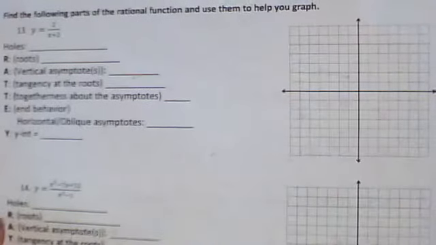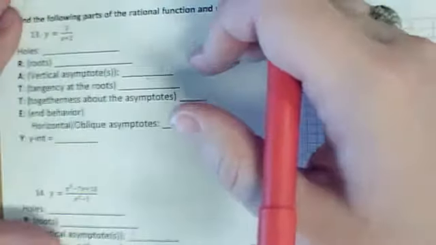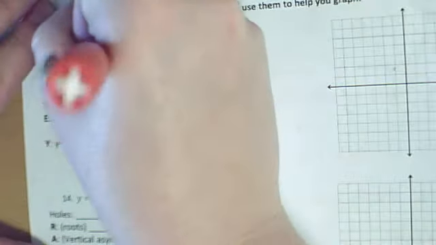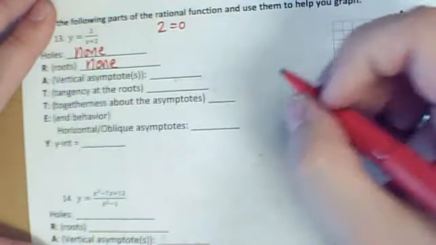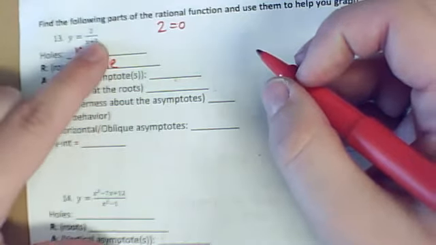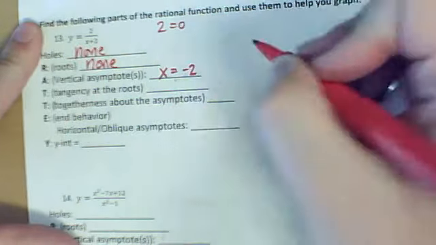Alright, 13. We have 2 over x plus 2. There are no holes because nothing cancels. The roots: if I try to set 2 equal to 0, that can't happen, so there are no roots. Vertical asymptotes make the bottom 0, so x equals negative 2.